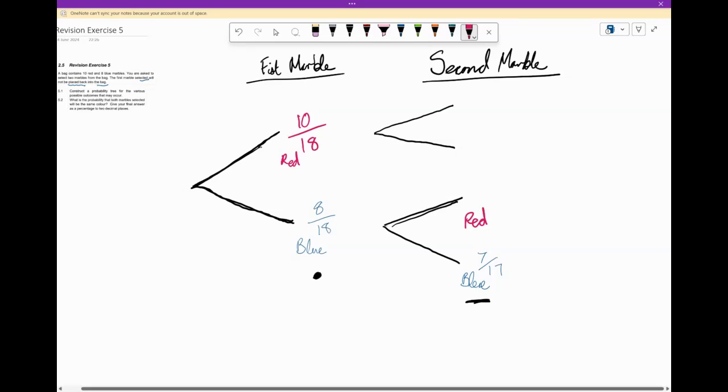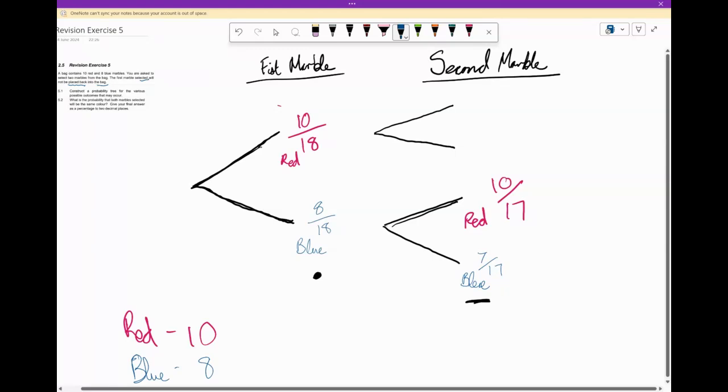What's the probability? 10 over 17, yes, because we haven't picked from the red. So we still have, remember, at the beginning we had how many red marbles? 10. And blue, we had 8.